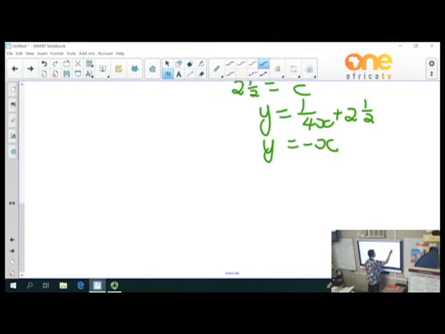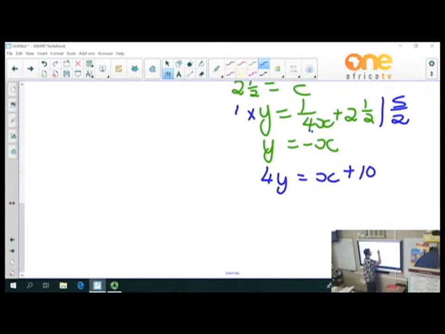I will change this one. It's better to change this one to 5/2. I don't work with fractions. I hate them. So I'm going to multiply with the LCM, which is 4. So it is then 4y is equal to x plus 10. These are the two that you want.